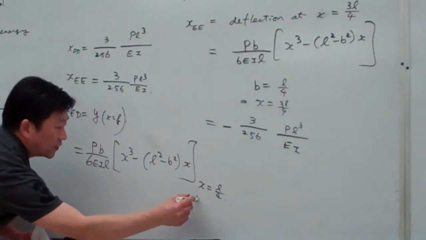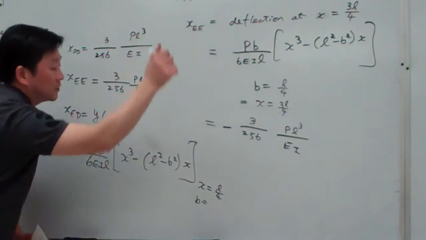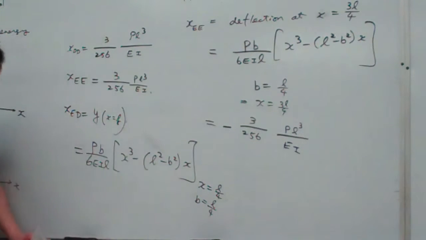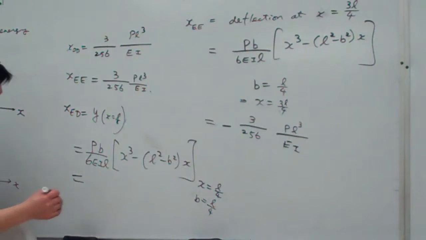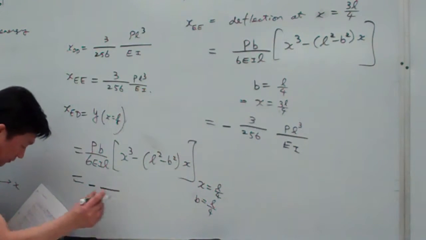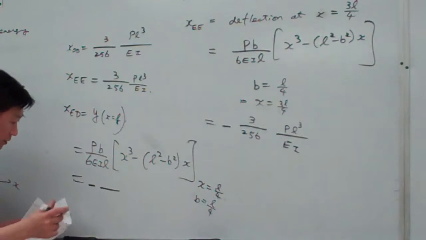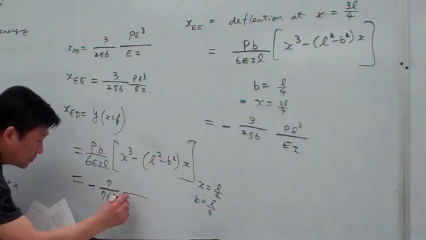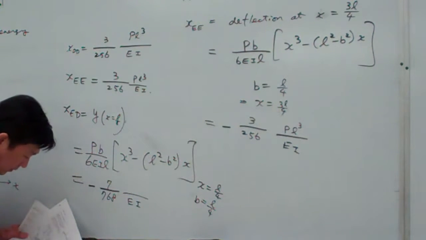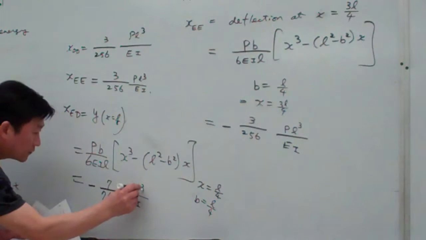And for B, for this case, is that dimension here. Okay, clear? So do this one completely, and this number will be minus, up here, 768 EI PL3.